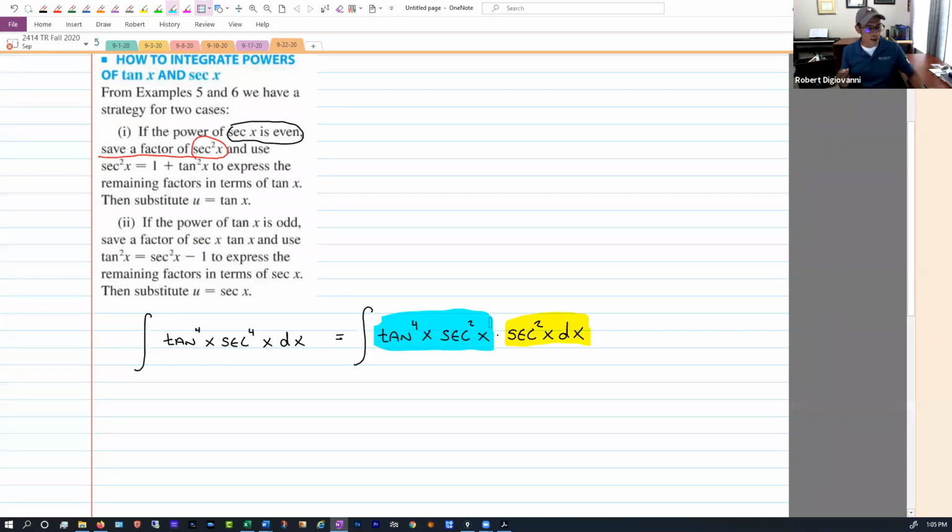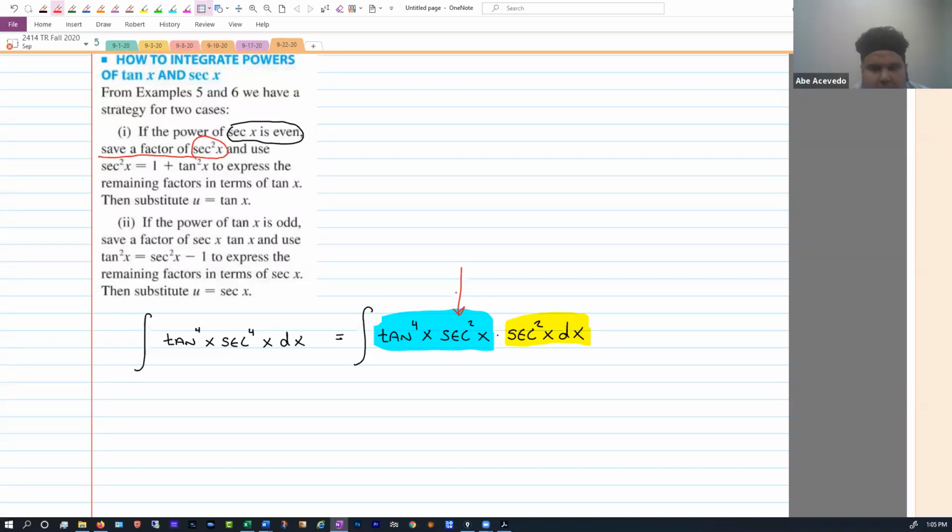And you know that if there's any secant left, right? If there are any secants still here, it's got to be an even power, because you started with the assumption that secant was even. So if you peel off two factors of secant, you should still have an even number of secants there. Do y'all agree with that?